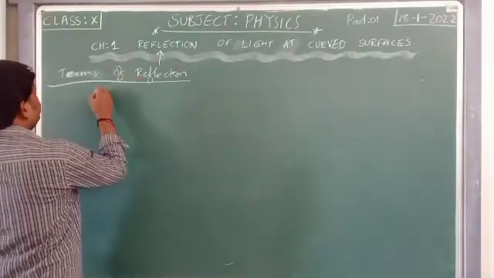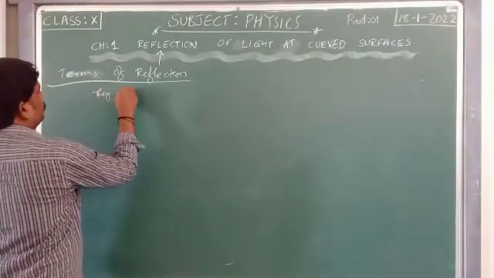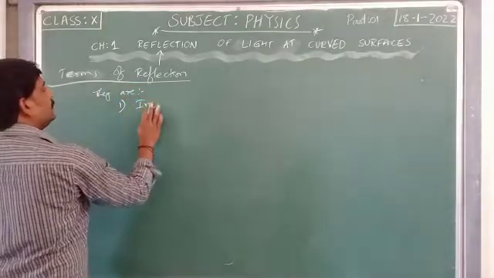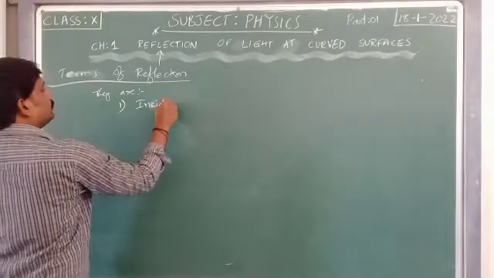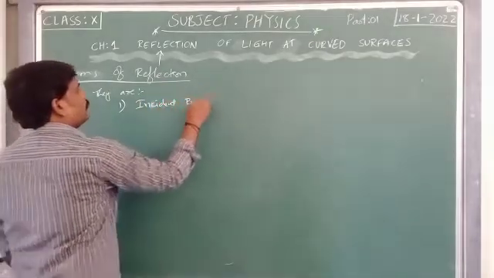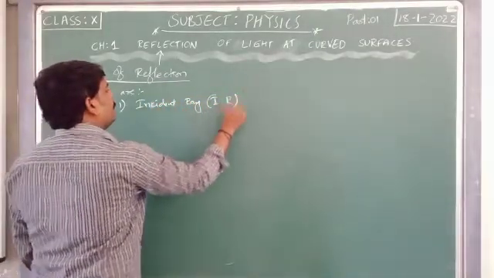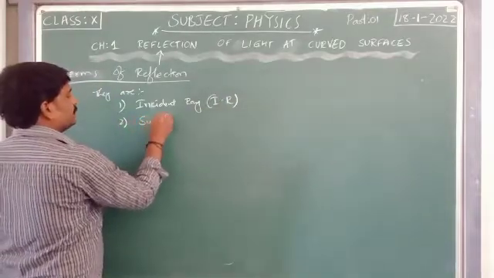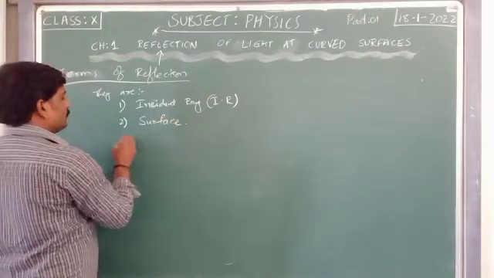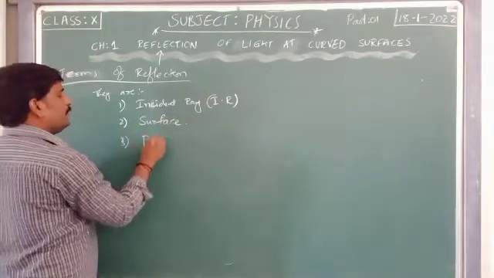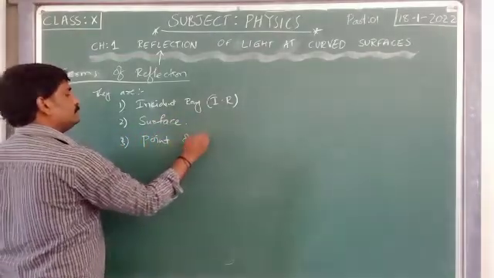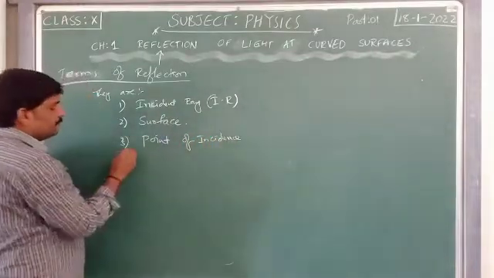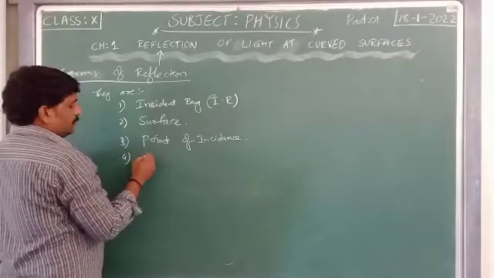Okay, the first is incident ray. In short, we will talk about IR, incident ray, and the second we are talking about is the surface. The third one is point of incidence. The fourth one is the normal.